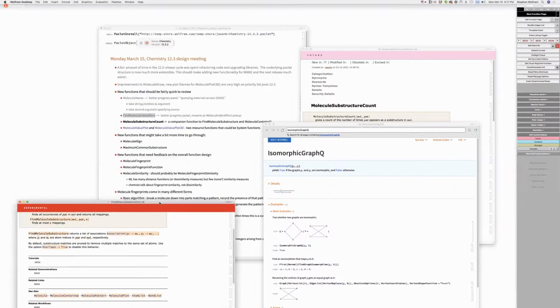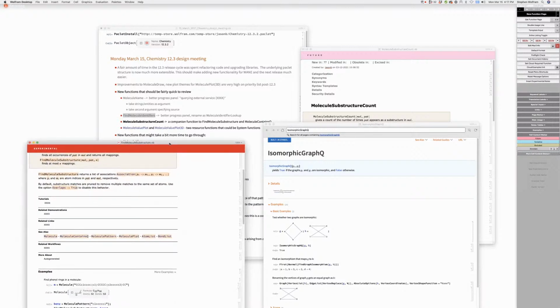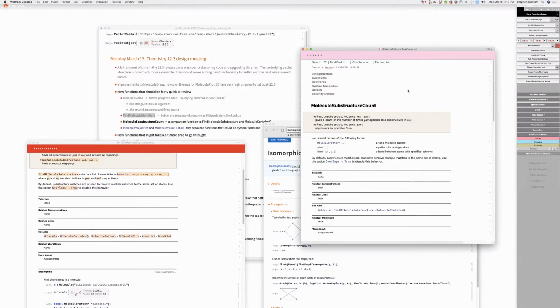Is that correct? Yes. So, and then MoleculeContainsQ. I see. It essentially returns whether or not that would return an empty list without populating that return. Yeah.